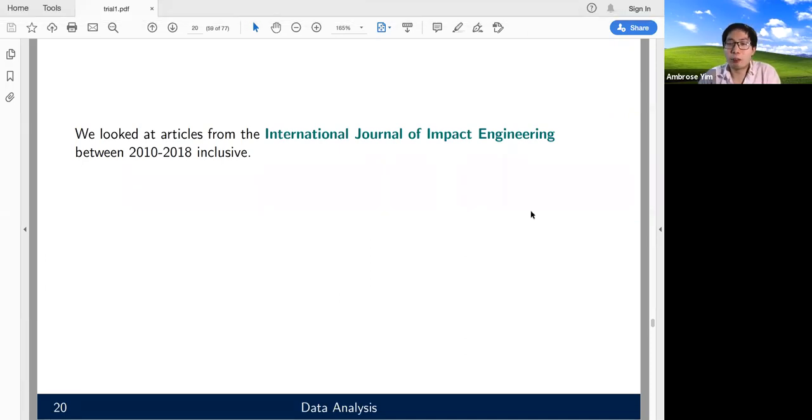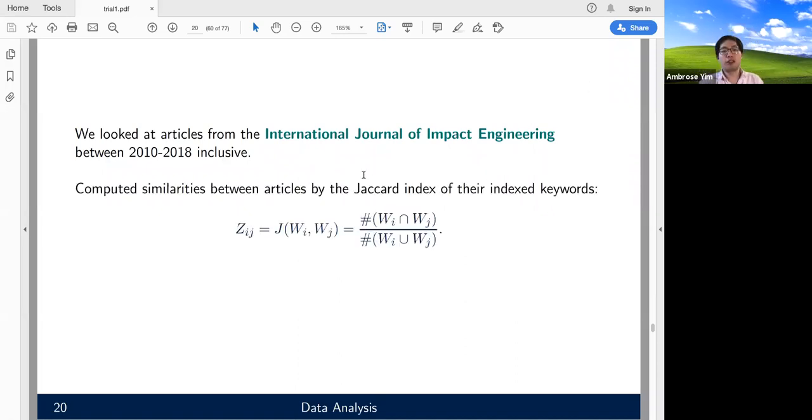But let's look at some data. We chose a journal, the International Journal of Impact Engineering, and looked at articles from 2010 to 2018 inclusive. For similarities, we just did something very simple. In previous projects I tried using topic modeling, but that tends to be quite an involved process, quite finicky, and takes a lot of fine tuning.